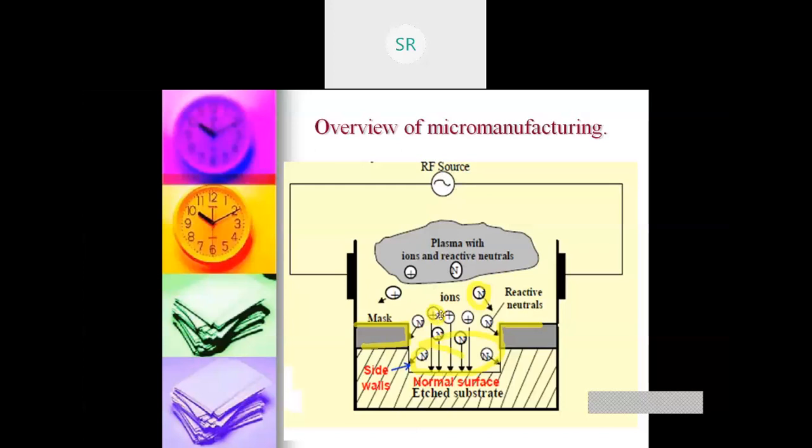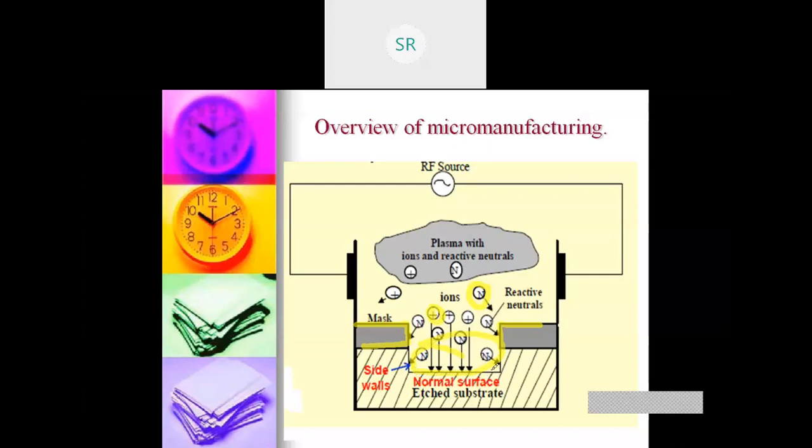And next, adding a chemically reactive gas such as Freon 12. During this process, the reactive neutrals generated bombard the side wall as well as the normal surface, whereas the charged ions bombard only the normal surface.